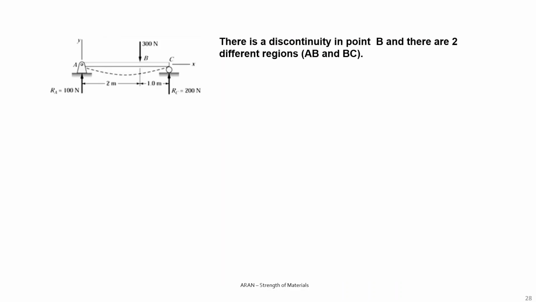Now we look at the beam, and we have to express the moment as a function of x. But as you see, there are two segments. The first segment is AB and the second segment is BC. So we have to make our calculations for these two different regions, and probably the curves for these two regions will not be the same.